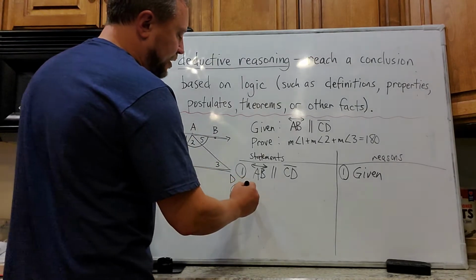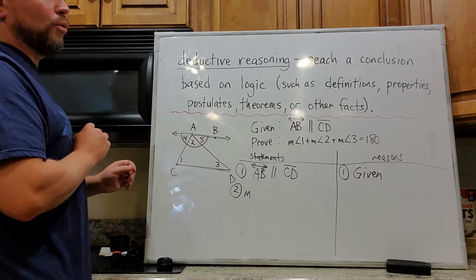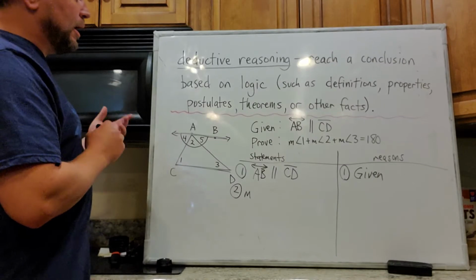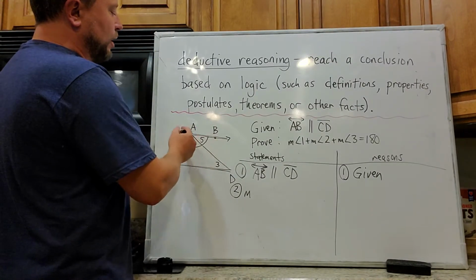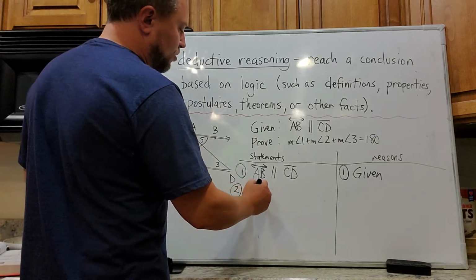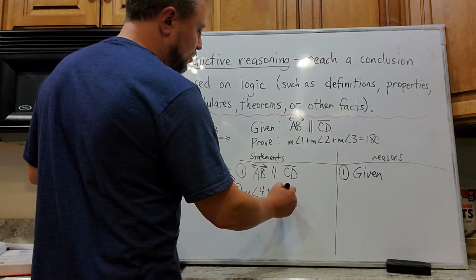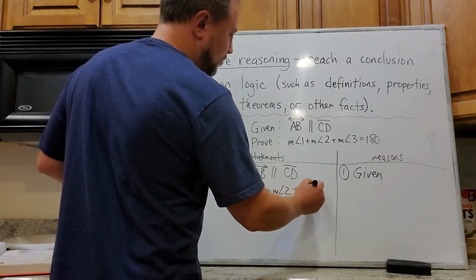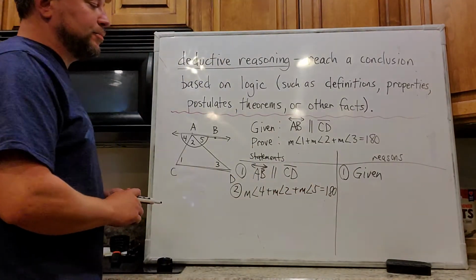Okay, so I could say then that since they make that nice straight line, or we call that a straight angle, right? Then by the definition of a straight angle, I already know that this is going to equal 180. So angles 4 plus 2 plus 5 all have to add up to 180.